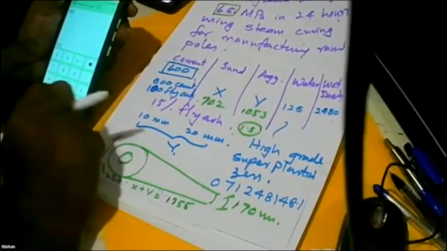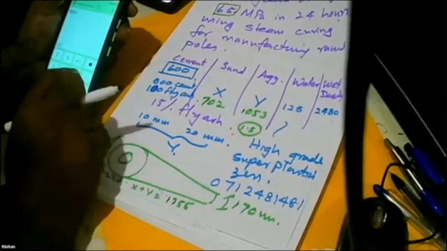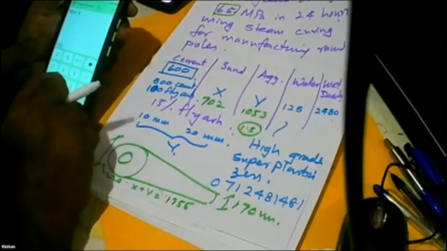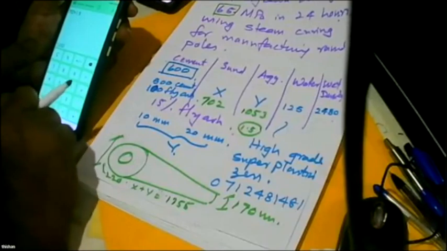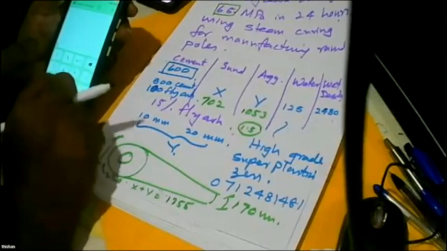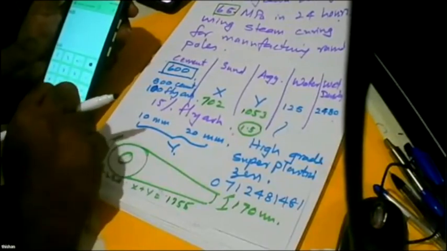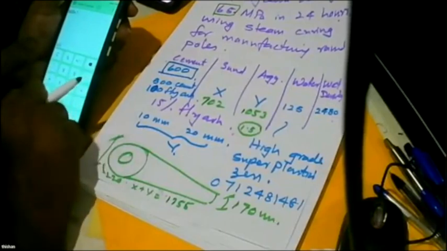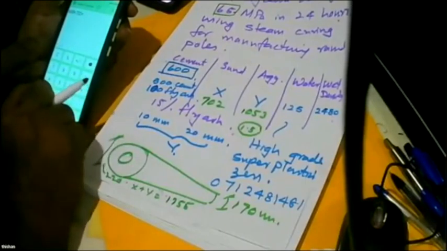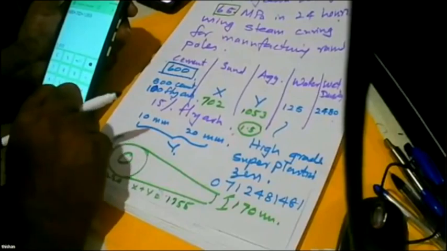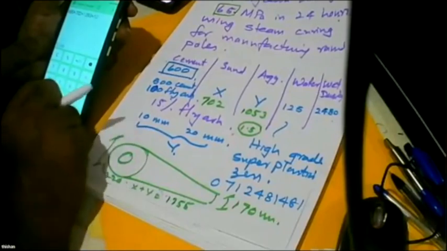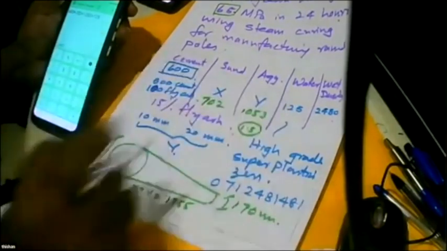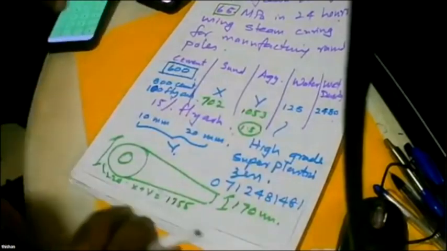Answer is 702 multiplied by 1.5, 1053. So the equation is 600 plus 702 plus 1053 plus 125. It comes to 2480.